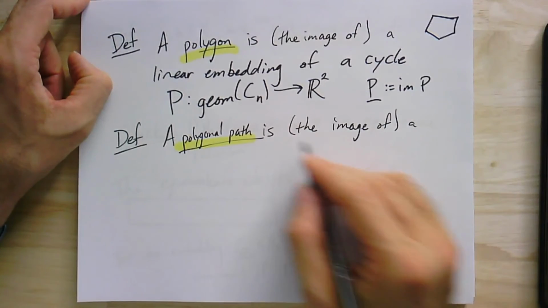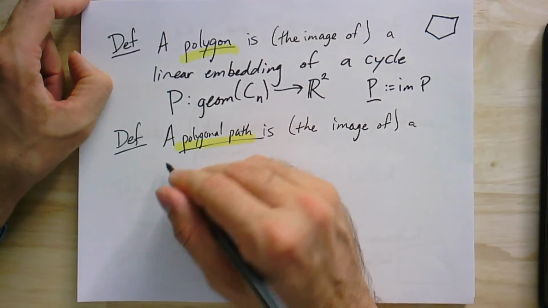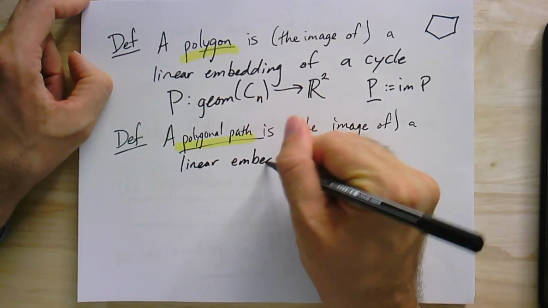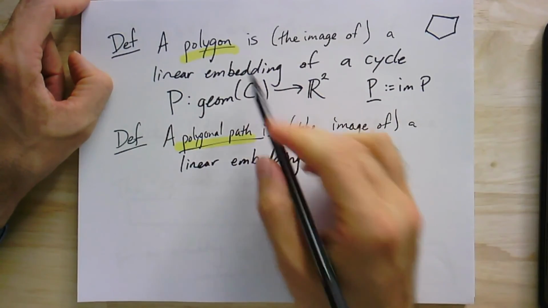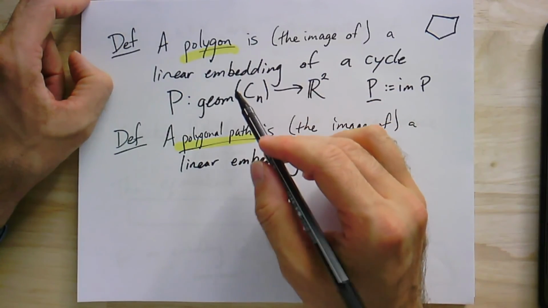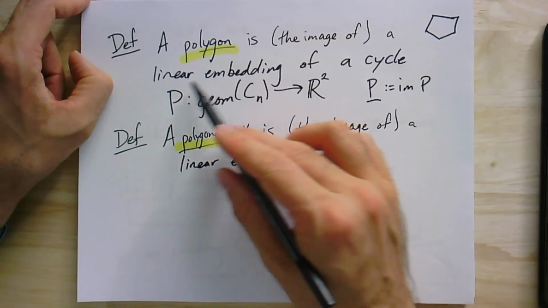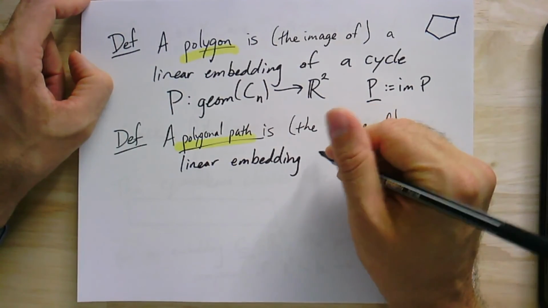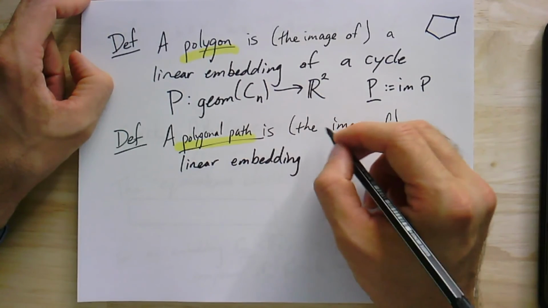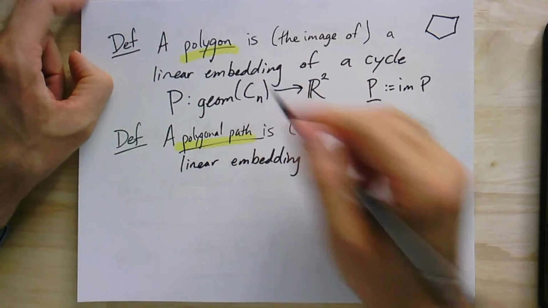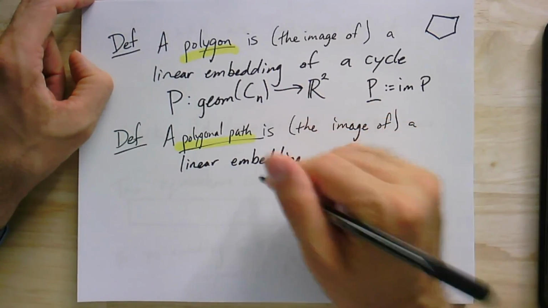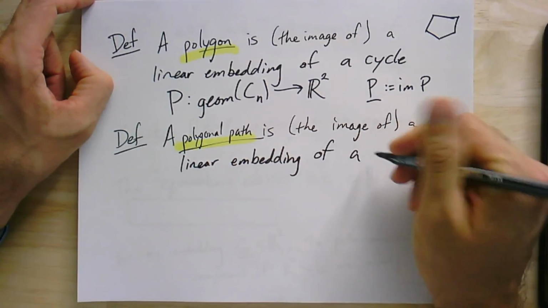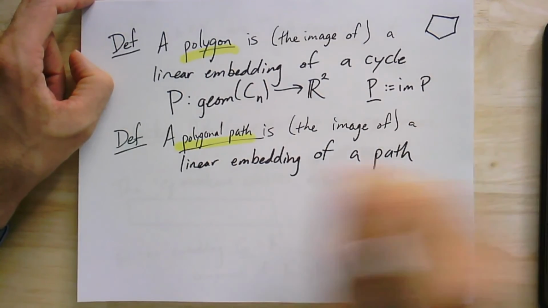Now, similarly, a polygonal path is going to be the image of a linear embedding. And I'm careful to use the word embedding here. Sometimes polygons are allowed to cross themselves, in which case the embedding wouldn't be an embedding, but a drawing. But I'm not going to allow that for now. These are also called simple paths or simple polygons that don't cross themselves. And the linear embedding of a path is just a polygonal path.